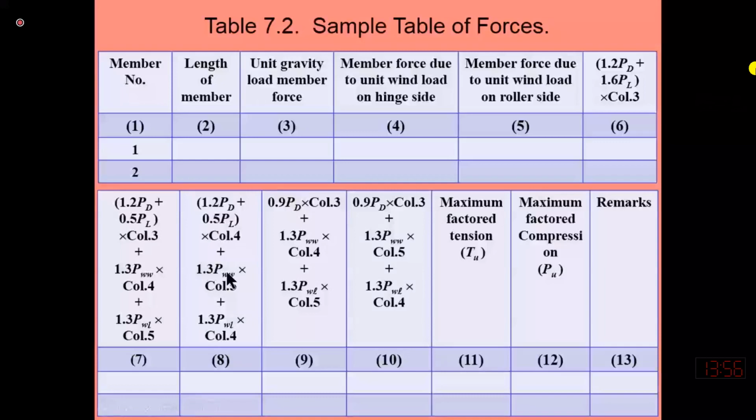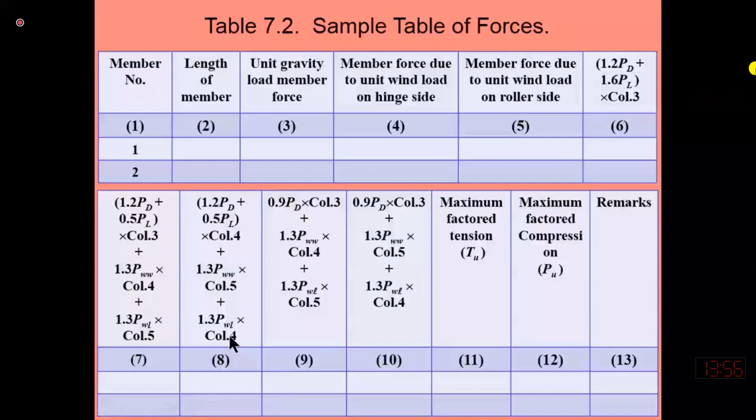Column number 4 before, sorry, 1.3 windward is multiplied with column number 5. What is column number 5? If the wind is blowing from the other side, this side will become windward and this column will become the leeward. So now the leeward force is multiplied with column number 4.